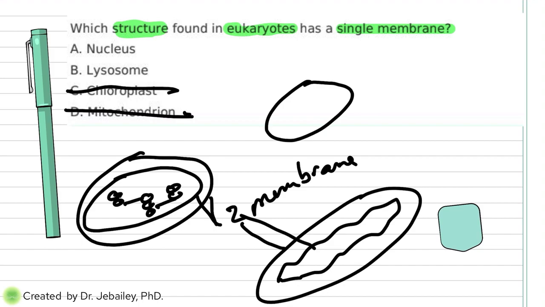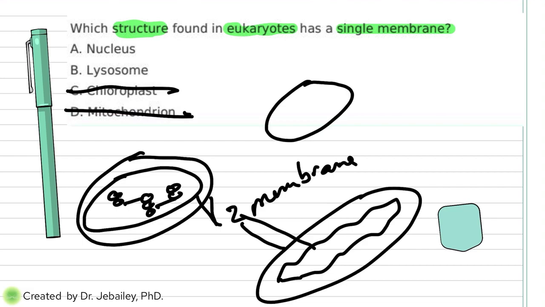Then you start having the question: is it a nucleus or is it a lysosome? That's where students get stuck. It's like, oh, I don't know anymore, which one would that be? And then students start freaking out. Well, you forgot that the nucleus has a nuclear envelope.